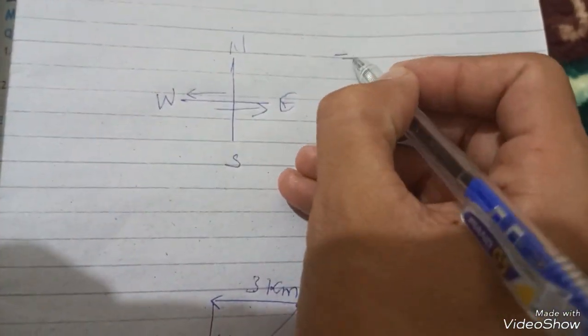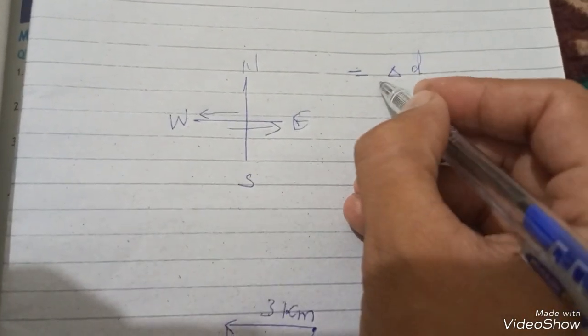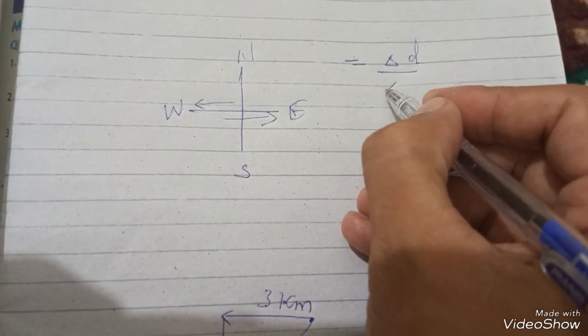To calculate the average velocity, we know that average velocity is the total displacement divided by total time.